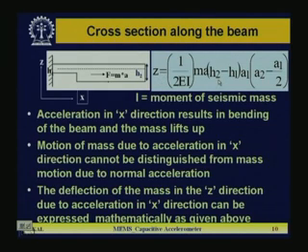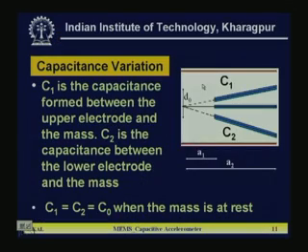So, if you move this structure along the x direction, how much it will move in the z direction, that expression is shown here. This will give you some idea about what fraction of cross axis sensitivity is achieved with such a structure.